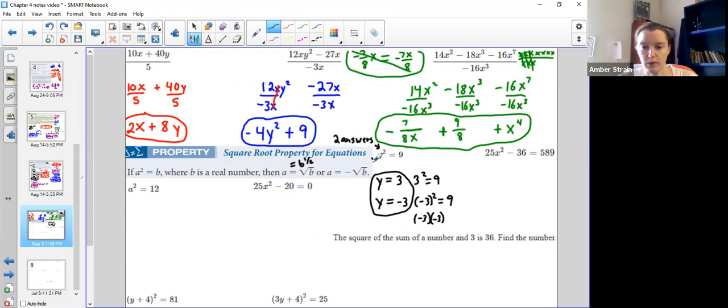So I square root both sides to get my answer, but the square root property says that when you do that, you have to introduce the plus or minus, because just like we saw here, both the positive and the negative numbers square out the same. They both square out to become that same positive 9. So when you square root both sides, you need a plus or minus.